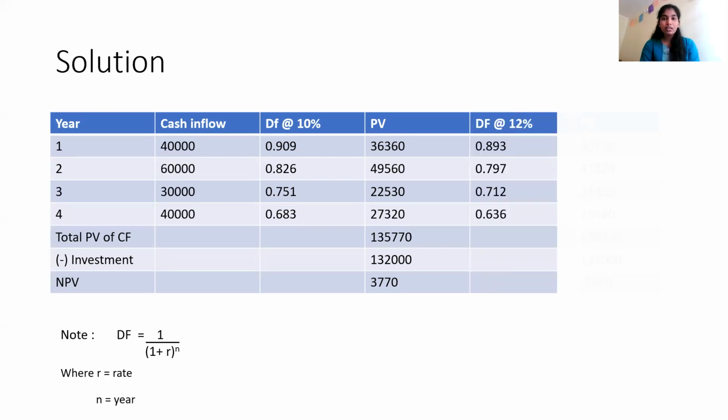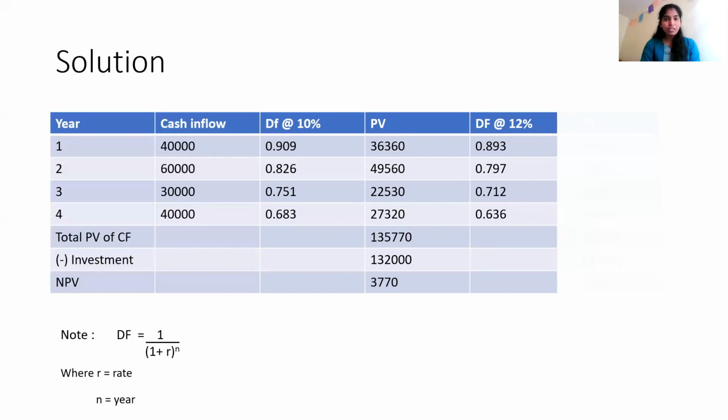So when I take my discount factor as 12%, you'll have to calculate in the same way: 1 divided by (1 plus R) to the power n. R will be my 12%, so you'll be putting 0.12. N will be my number of years. When you do that, you'll be getting 0.893, 0.797, 0.712, 0.636.